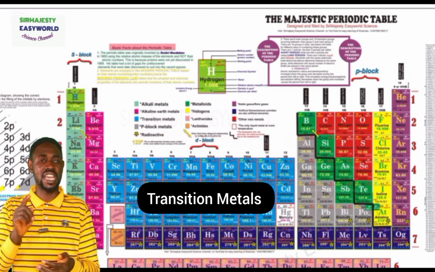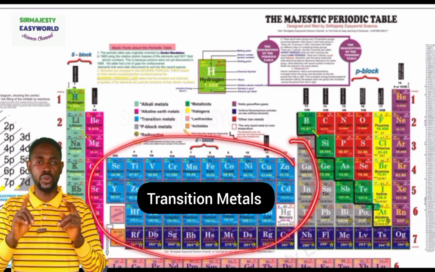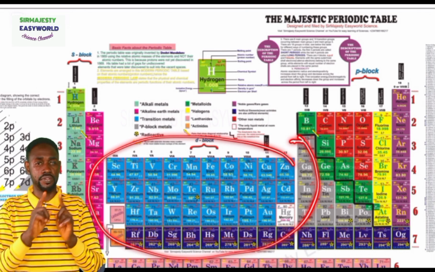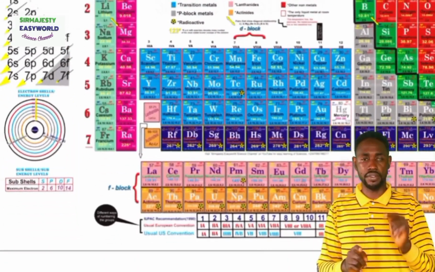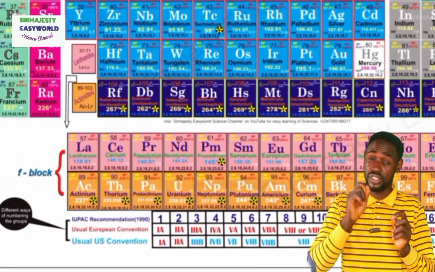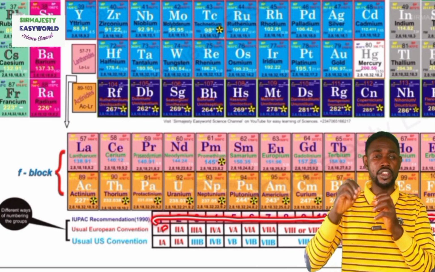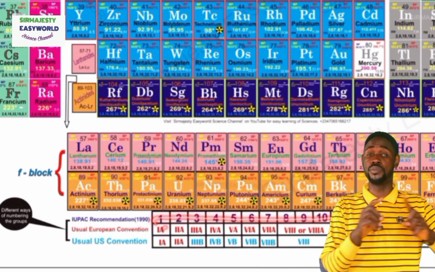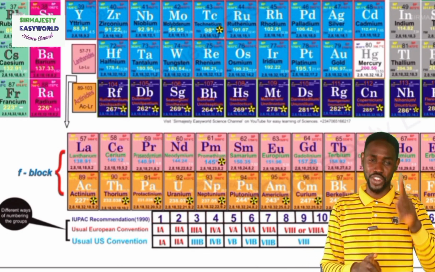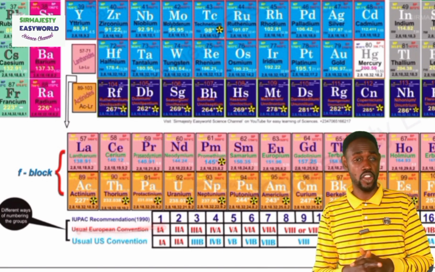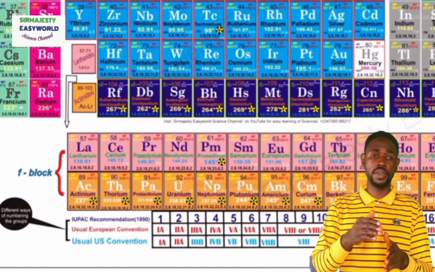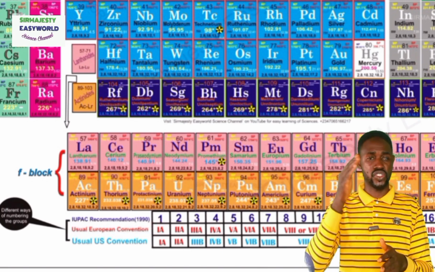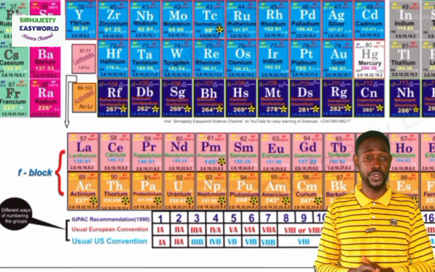This implies that there are 10 transition groups, which start from period 4 down to period 7. I repeat, there are 10 transition groups between main group 2A and main group 3B under European recommendation. Under IUPAC recommendation, the transition metals are between group 3 and group 12, which start from period 4 to period 7.